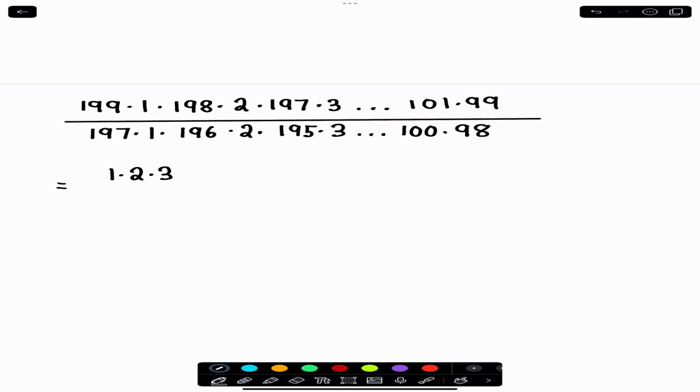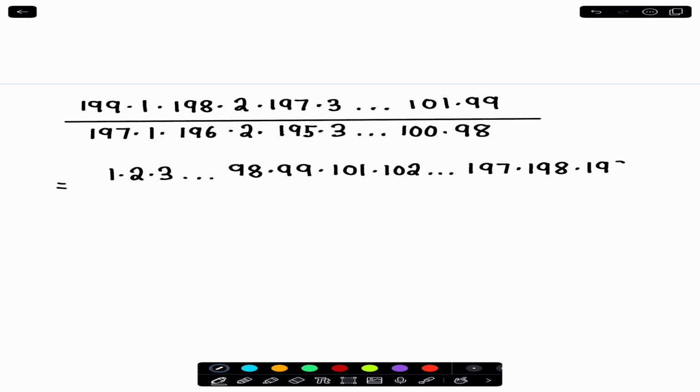This keeps going, so we have everything 4, 5, 6 all the way up to 99. So that's 98 times 99. We do not have 100, but we do have 101. And we have 102. In fact, we have everything until 197 times 198 times 199.